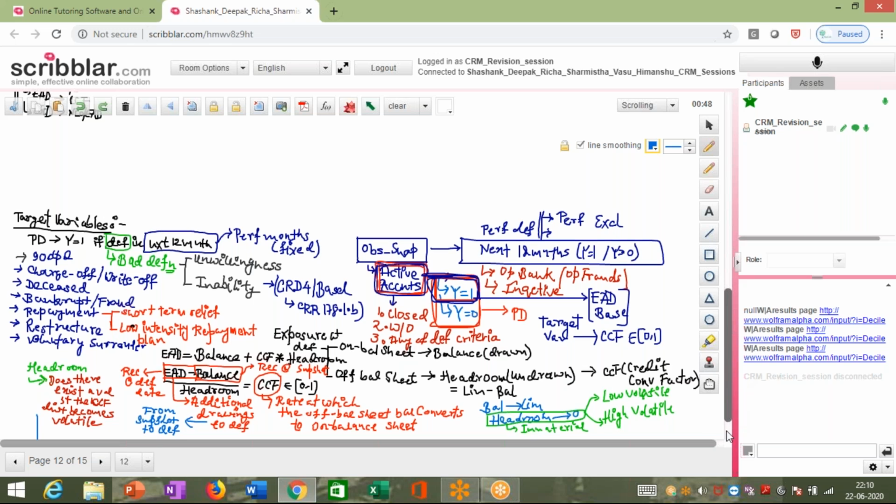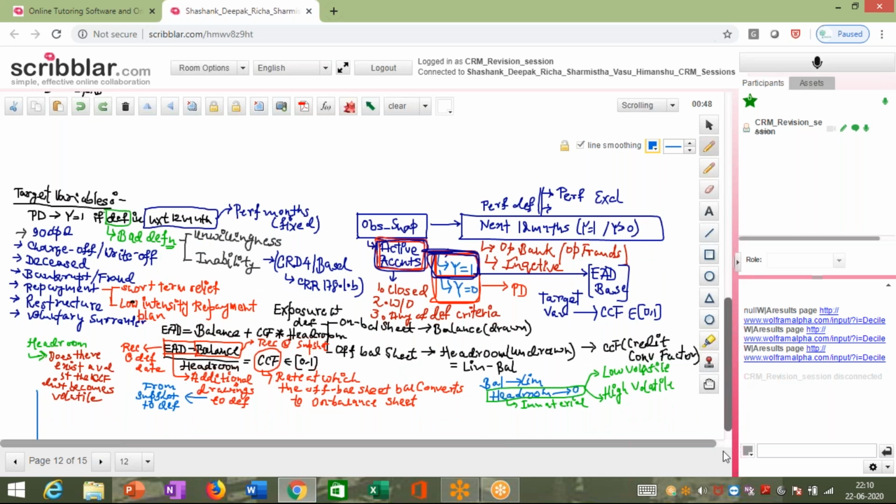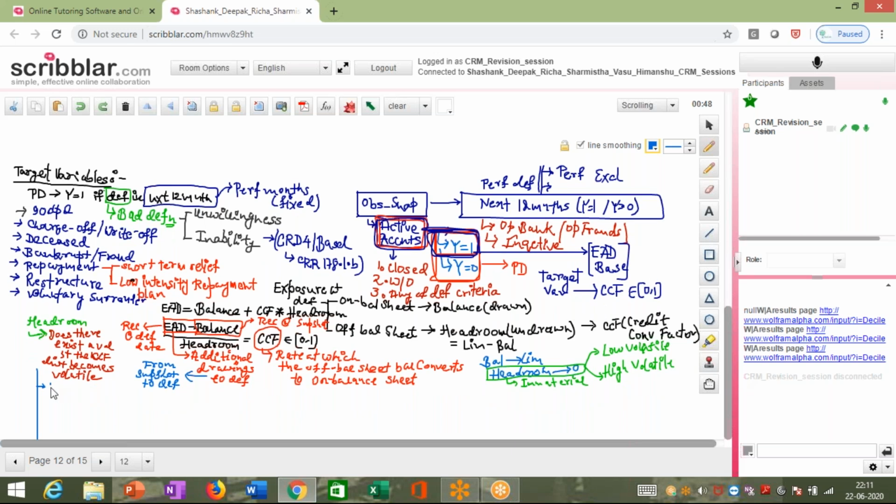So first is to divide the headroom into different bands, into equal groups, I would say.